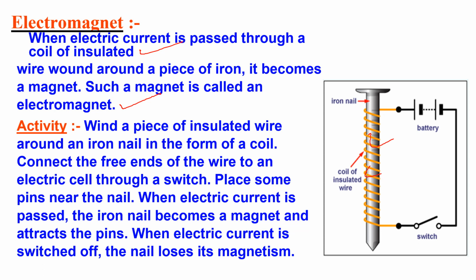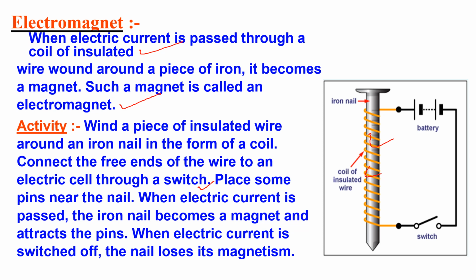The activity can give us the main idea. Wind a piece of insulated wire around an iron nail in the form of a coil. Connect the free ends of the wire to an electric cell through a switch. Place some pins near the nail. When electric current is passed, the iron nail becomes a magnet and attracts the pins.